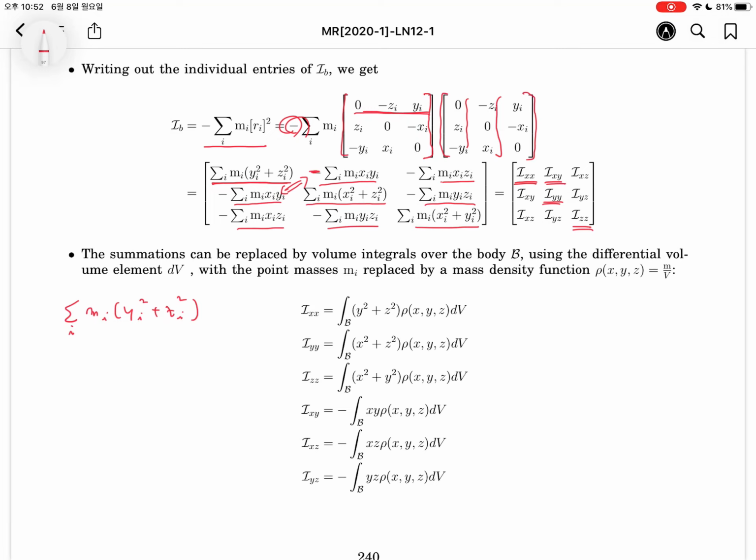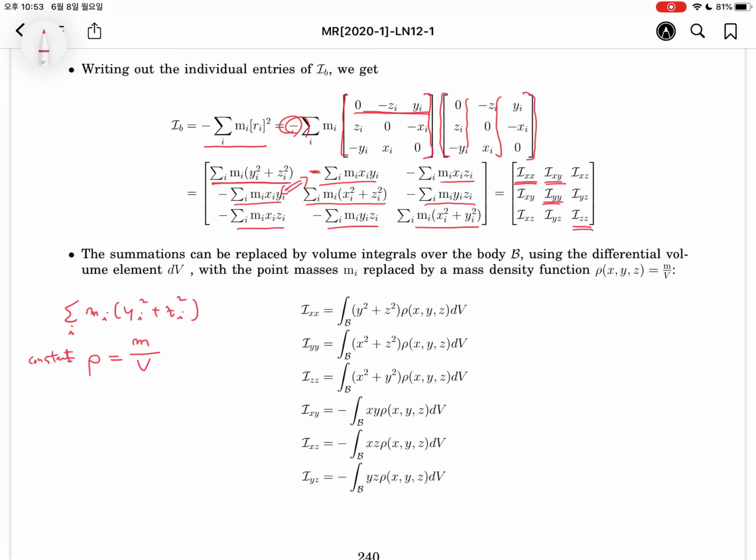Okay, it is about the particle, the point mass. But let's assume that rho is the density. Density is defined as mass over volume. In the case of steel or aluminum, this will be constant. Is it right?